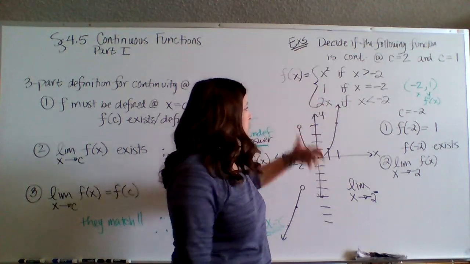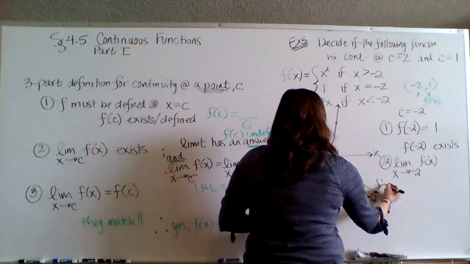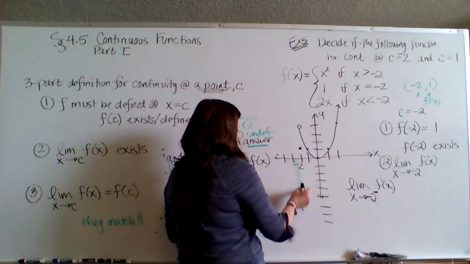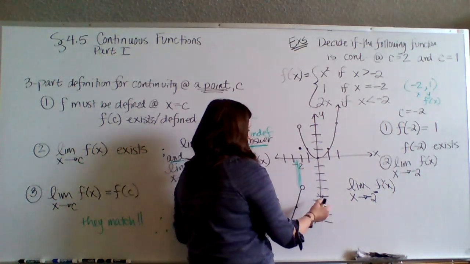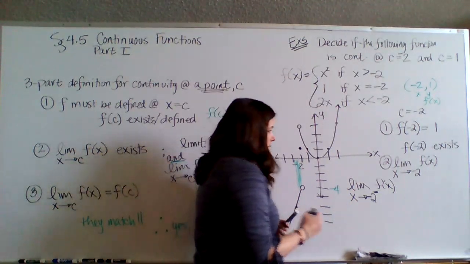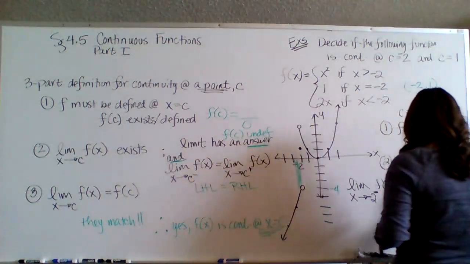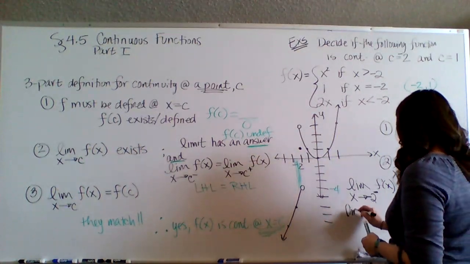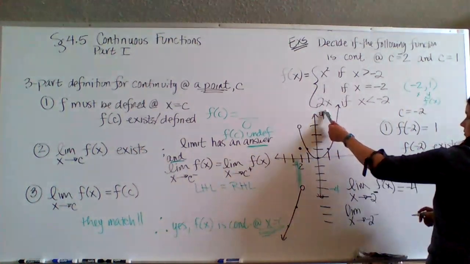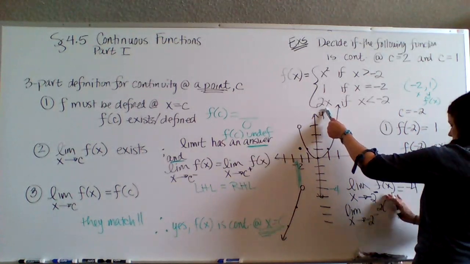If I were doing it graphically, I could look at f of x and say that limit is approaching the number negative 4. If I were doing it algebraically, you would show the piece that that domain applies to. So negative 2 from the left would be the piece 2x.